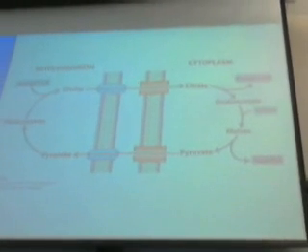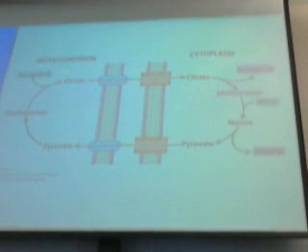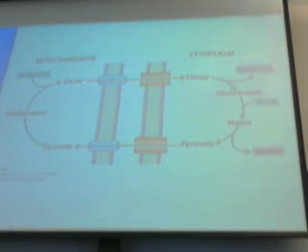To get these raw ingredients out into the cytoplasm, we have a little cycle here in which the citrate from the citric acid cycle in the mitochondria is transported out to the cytoplasm. It then does some reactions that look kind of like the reverse of part of the citric acid cycle, but they're separate enzymes.